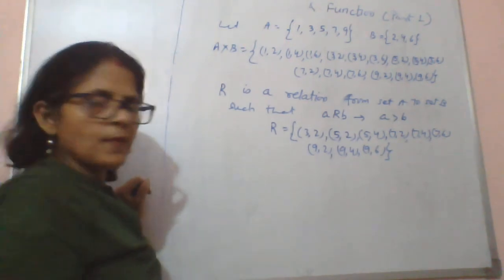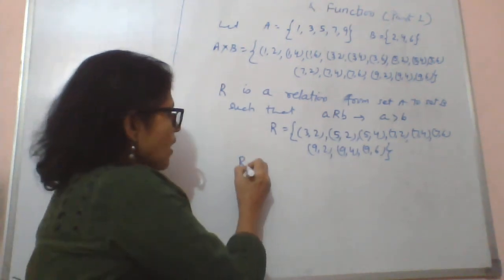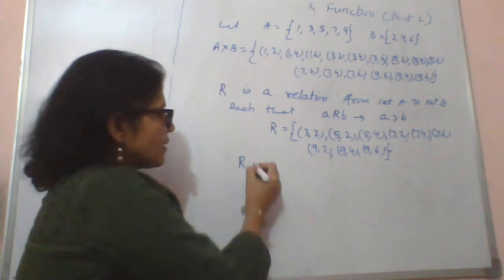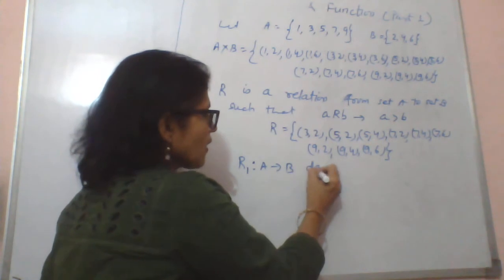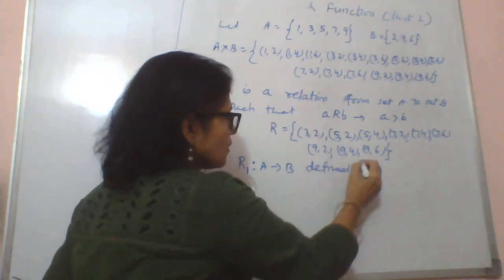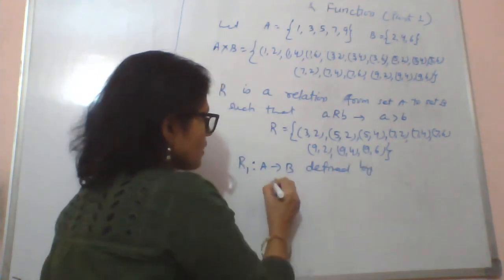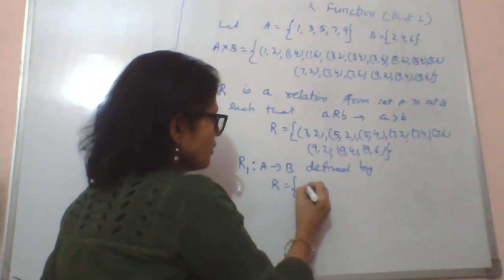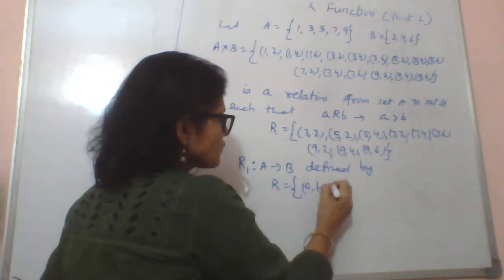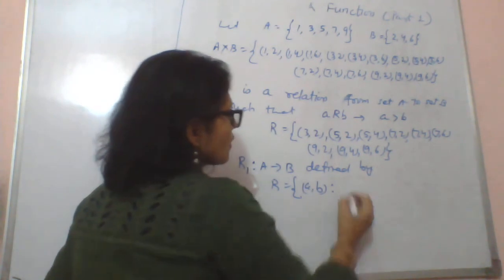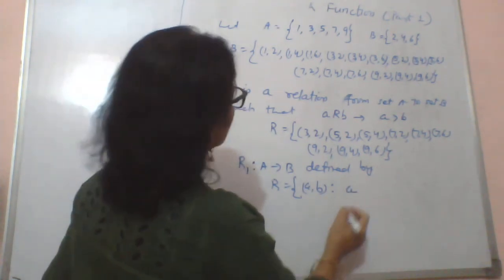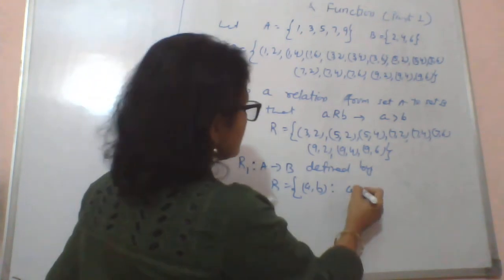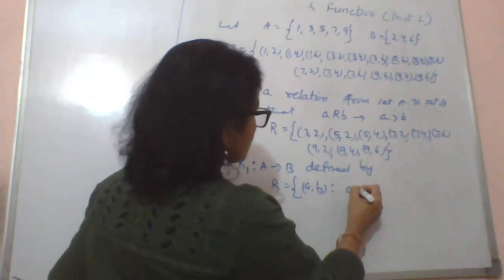Okay, suppose R1 is a relation from A to B defined by R equal to (A, B) such that A equals B square.